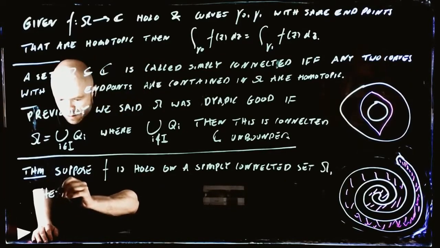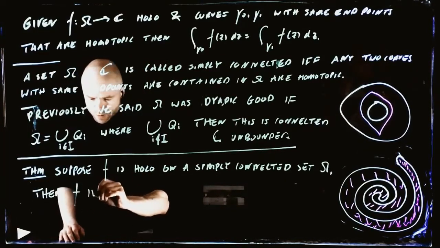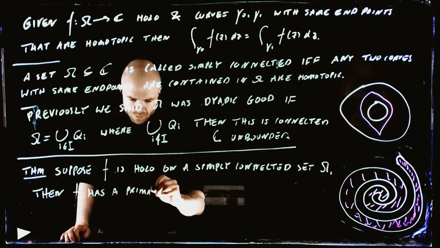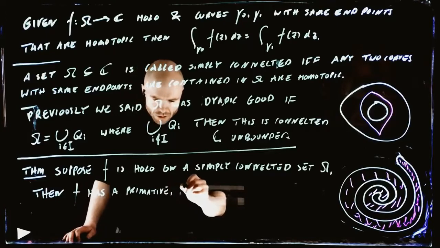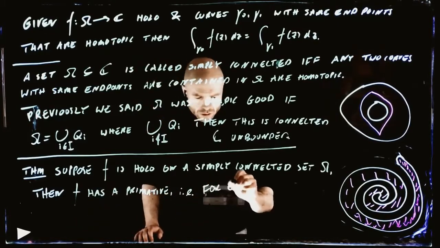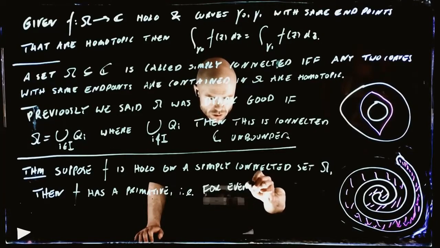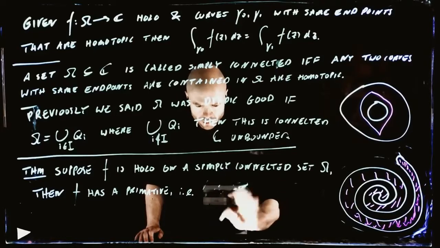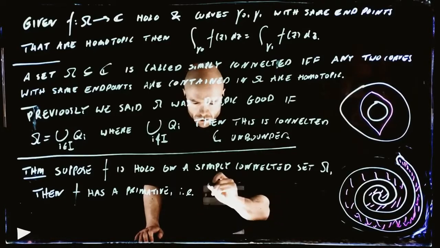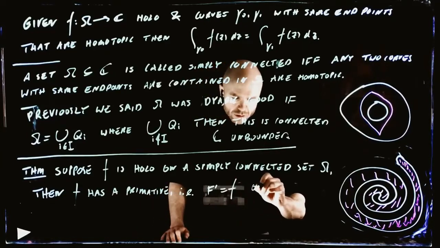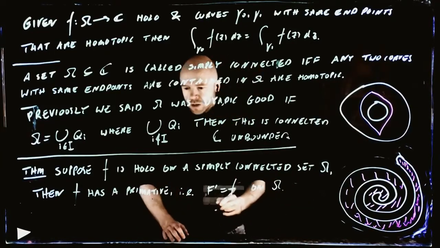Then f has a primitive, i.e. there is F with F prime equal to f on omega.